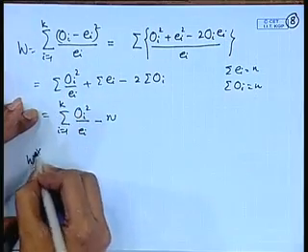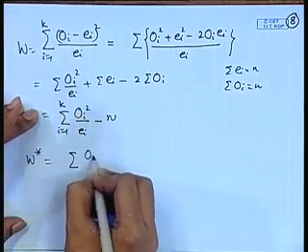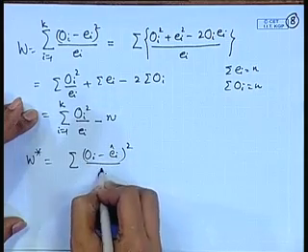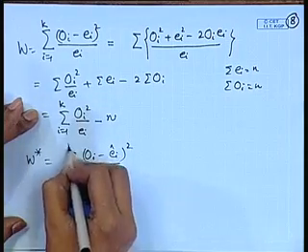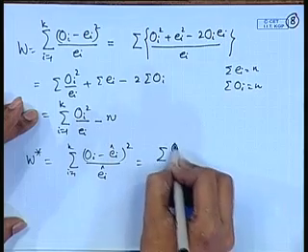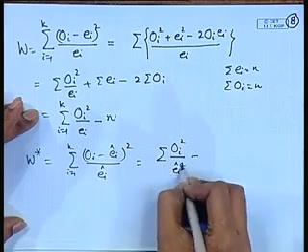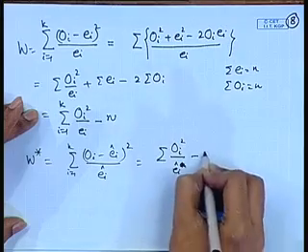So, this is an alternative formula for W. Similarly, if I am considering W star, that is sigma (Oi minus Ei head) square by Ei head, then once again this can also be written as sigma Oi square by Ei head minus n.